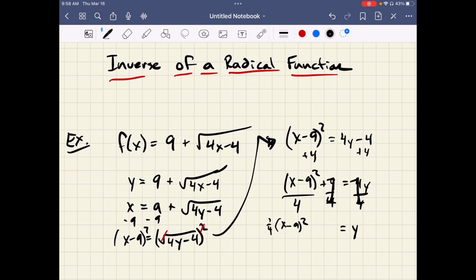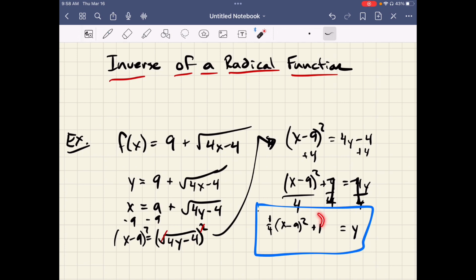And this just turns into a 1 plus 1. So now the reason I have left it like this, I've now got the inverse of my function. And I left it like this because, I don't know if you remember, this is in what we would call vertex form. Now, you could certainly multiply that all out into standard form, but just wanted to show you what it would look like in vertex form as well.